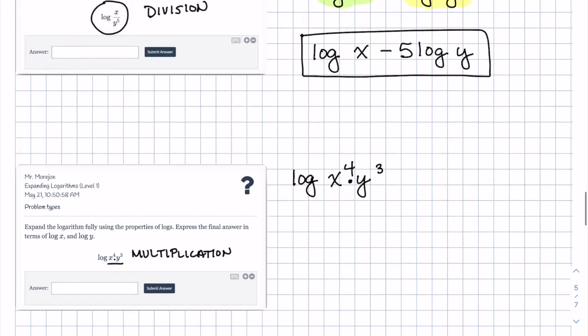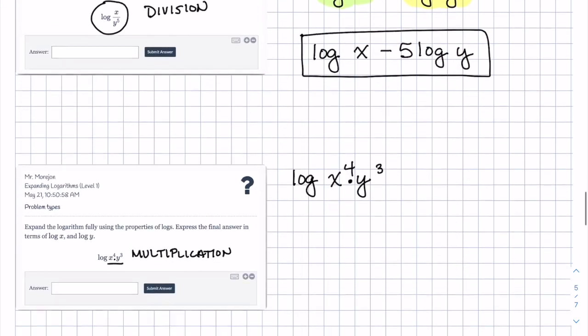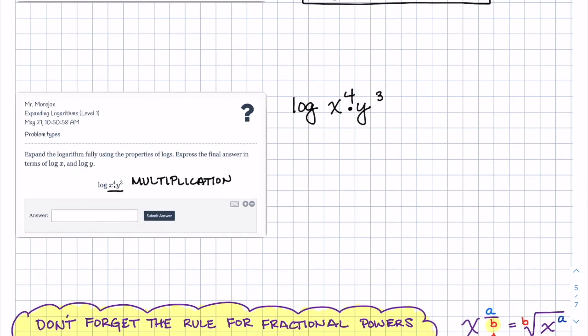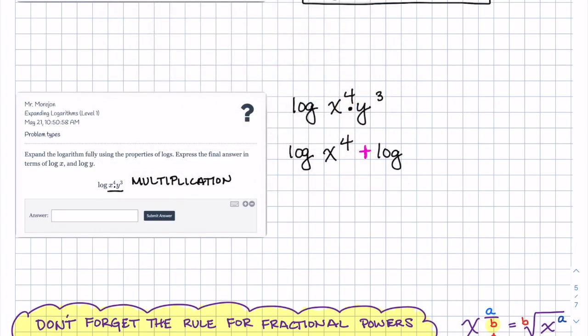And so according to our rule, it says if we have multiplication inside the log, we can turn that into addition of 2 separate logs. So I can write this as log of x to the 4th. Notice this time it is addition, plus log of y to the 3rd.